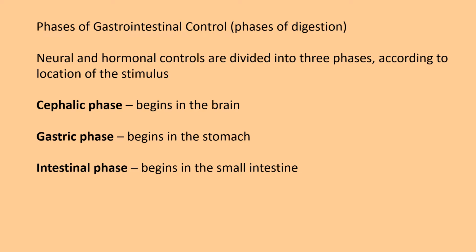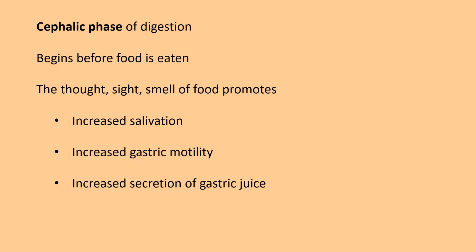And over that course, there are 3 phases of digestion, and they are named according to where they are initiated: the cephalic phase, the gastric phase, and the intestinal phase. The word cephalic means head.